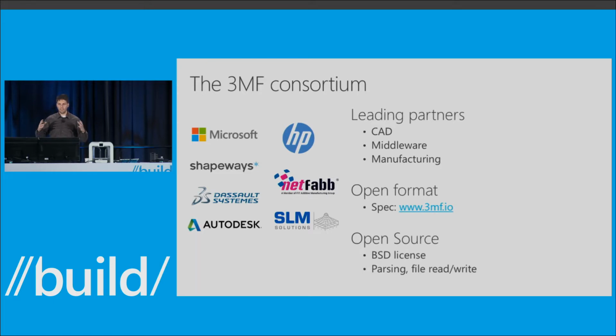And the important thing of having all of these people involved is we make sure that we can actually have something that addresses everybody's needs and works for the whole pipeline, all the way from CAD to manufacturing, without needing any sort of retranslation or disruption of the data. And of course, what's really important is that this be an open format.